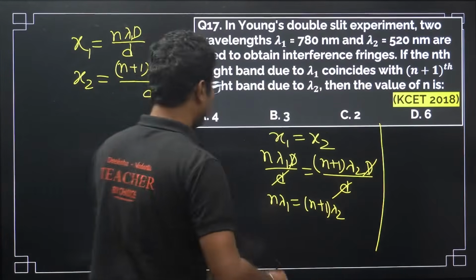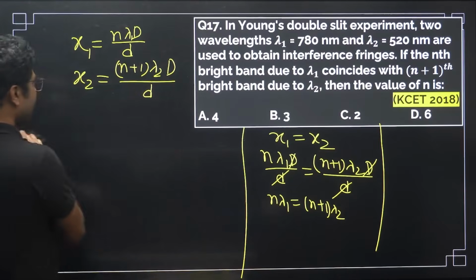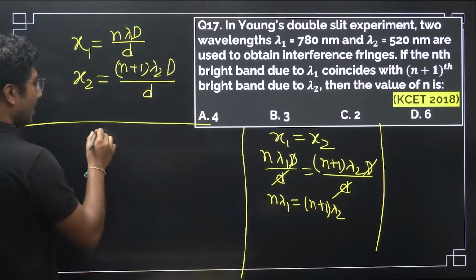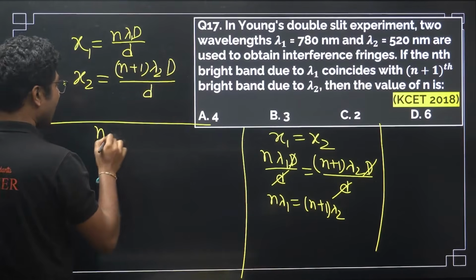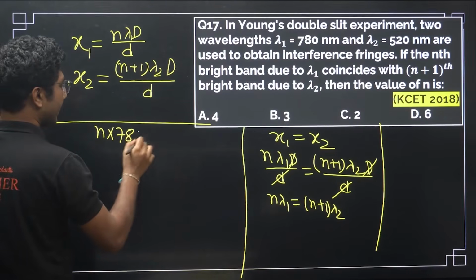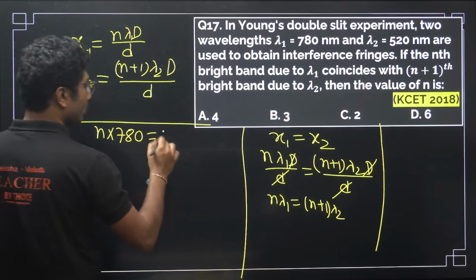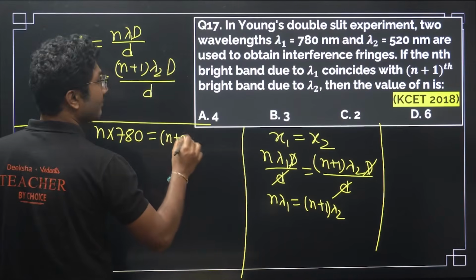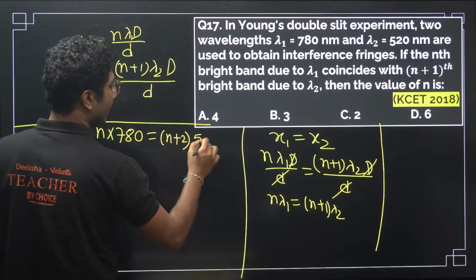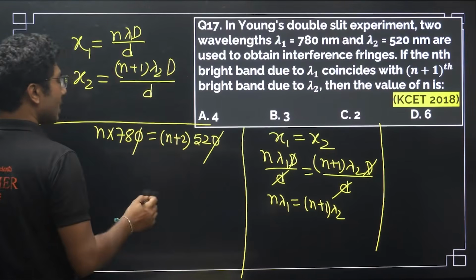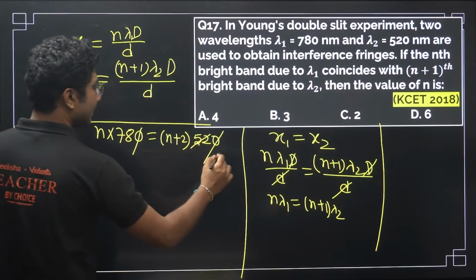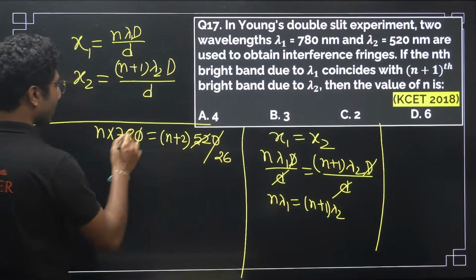What is n? We don't know, we have to find the value of n. Lambda 1 is 780 nanometer. Lambda 2 is 520 nanometer. Nanometer gets cancelled. Now let's cancel these zeros, and we get 78 and 52.